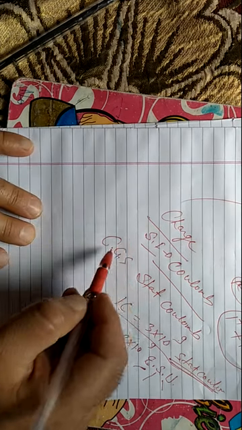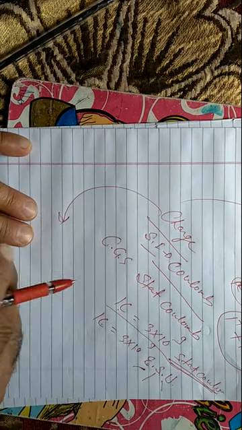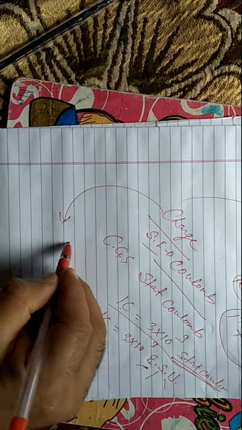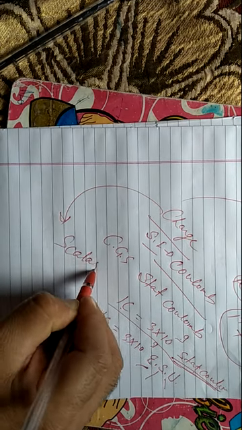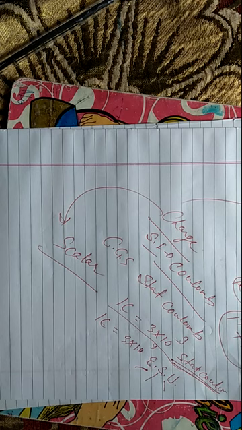The SI unit of charge is coulomb. The CGS unit of charge is stat coulomb, and charge is a scalar. Like force was a vector, charge is a scalar. So this is the concept regarding charge.